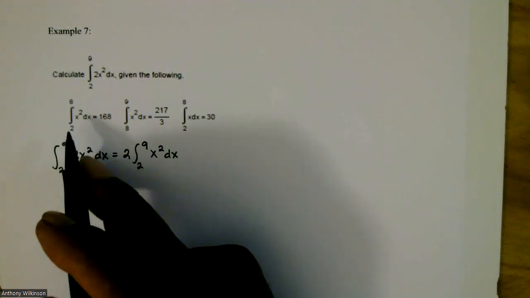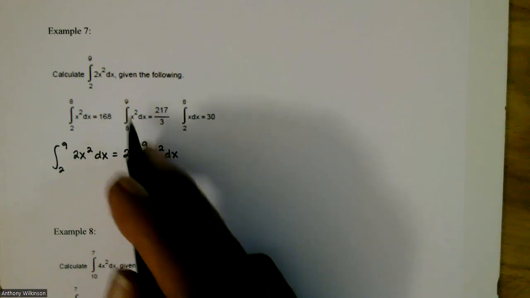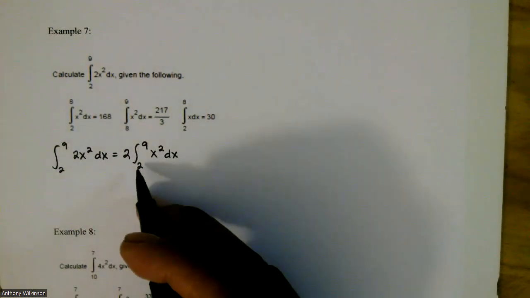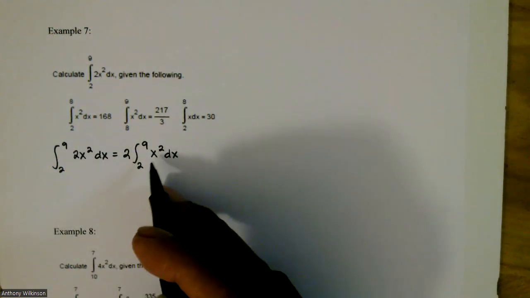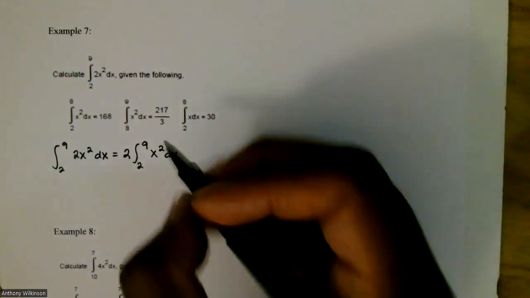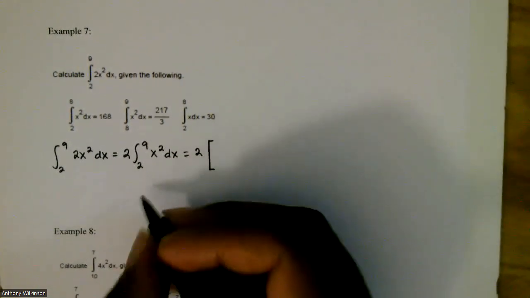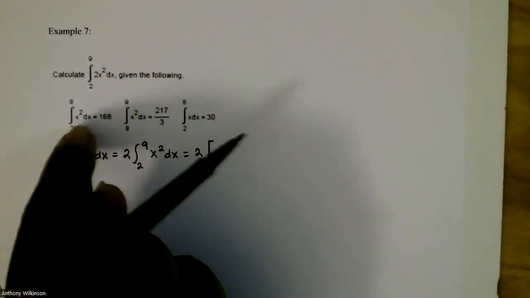Now, notice here, I don't have anything for the integral from 2 to 9 of x squared dx. But notice here, I got something, an integral from 2 to 8 and an integral from 8 to 9. If I add those two, that would equal the integral from 2 to 9 of the same expression, x squared dx. So I'm going to bring over the 2. This integral can be broken up as the sum of these first two right here.